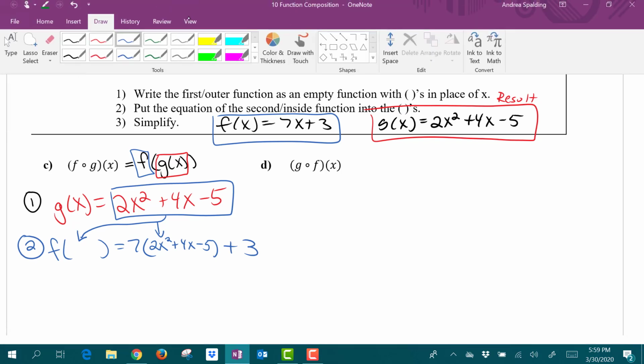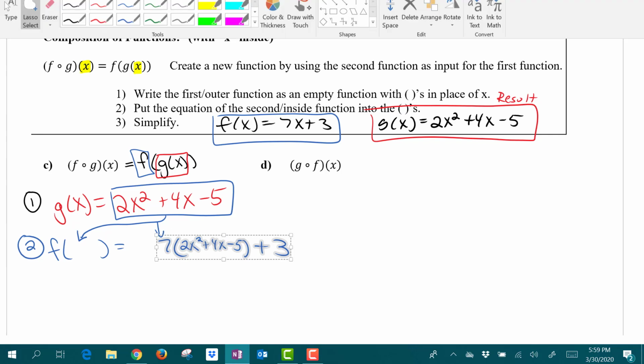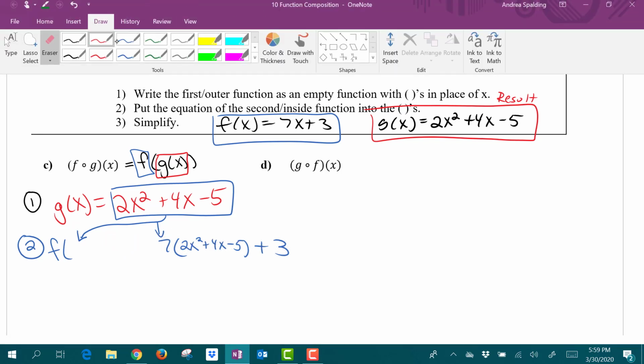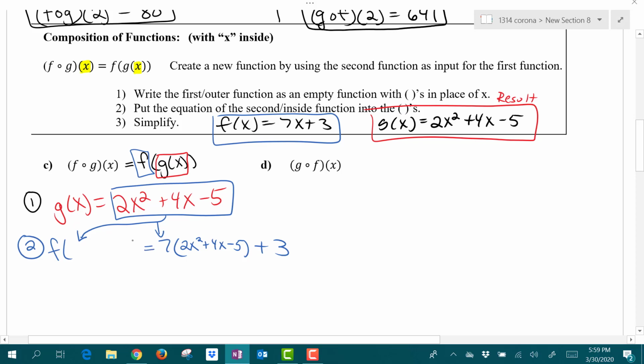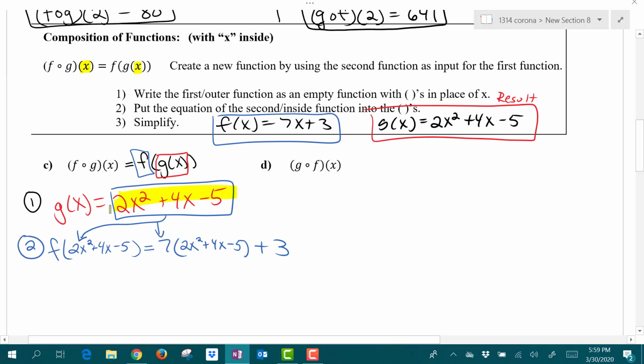Alright, I'm going to scoot that over a little bit there to give ourselves a little more room. So we've taken the result from putting x into g, into that inside function, and now we place that result into the outside function f.